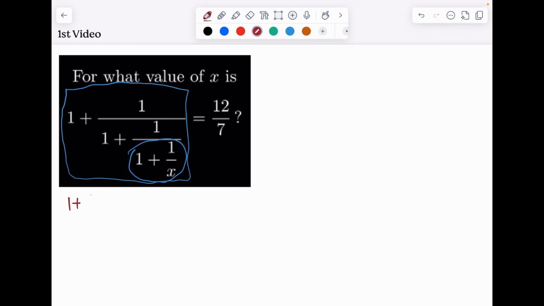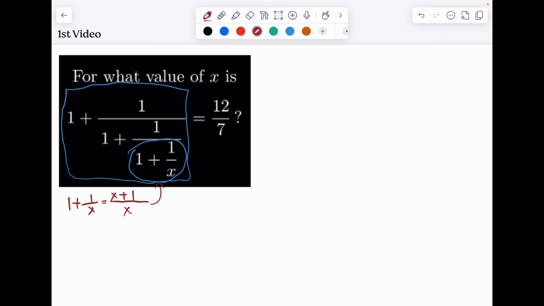So we're just going to use the method for simplifying fractions, wherein we're just gonna get the common denominator for this, which is x, and here 1 will turn into x, and then we'll have plus 1, and this is basically the same thing as 1 plus 1 over x.